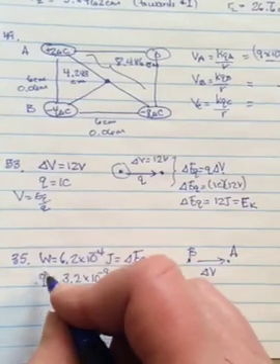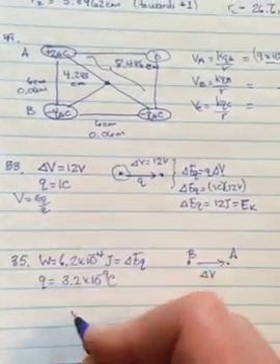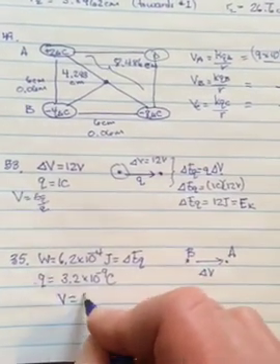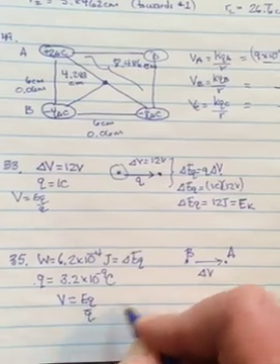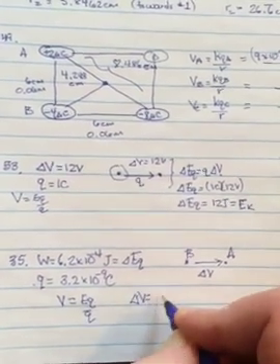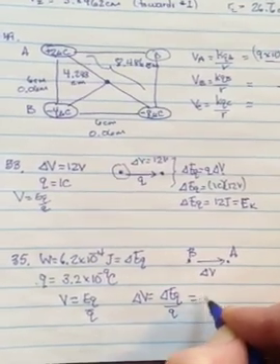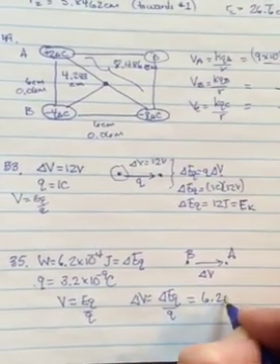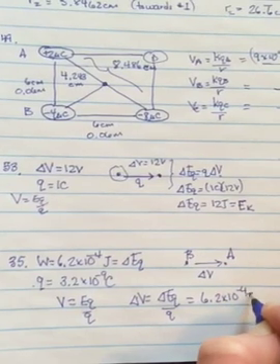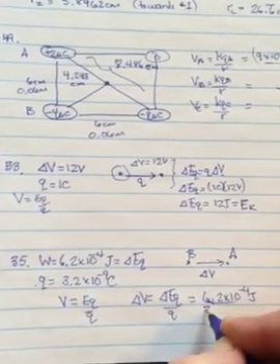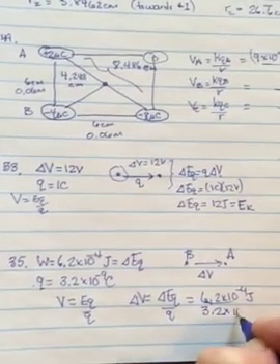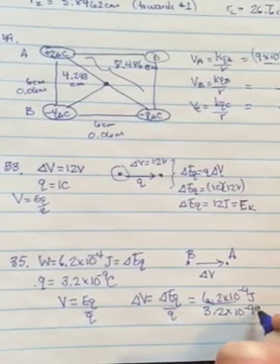Well, we have the delta EQ, we have the Q, we can find the V. Because if V is equal to EQ over Q, then delta V is equal to delta EQ over Q. So we have 6.2 times 10 to the negative fourth joules over 3.2 times 10 to the negative 9 coulombs.